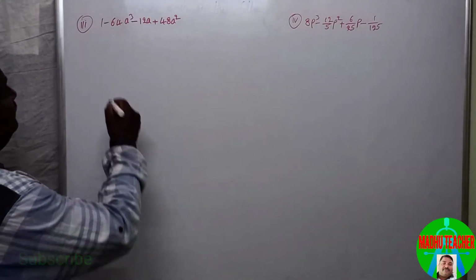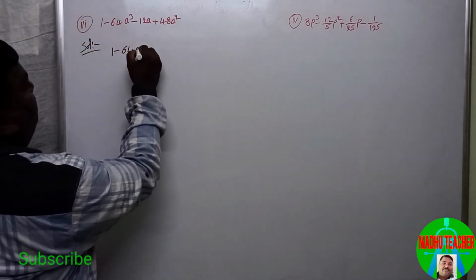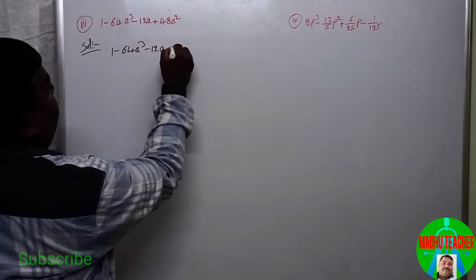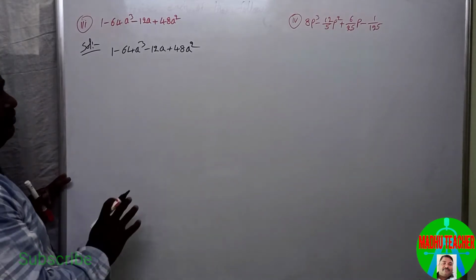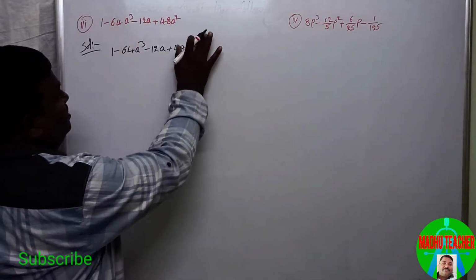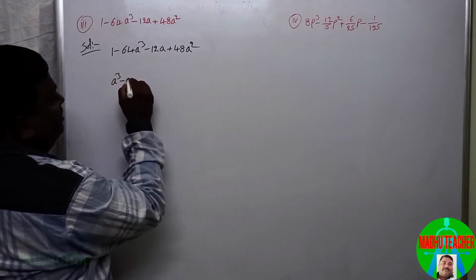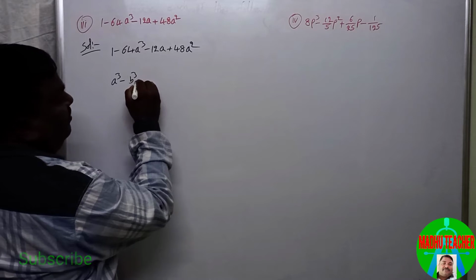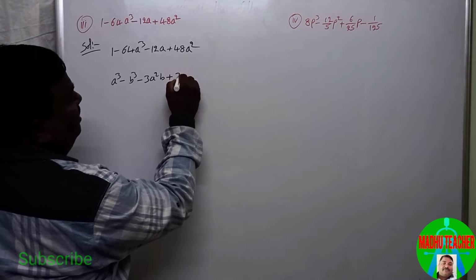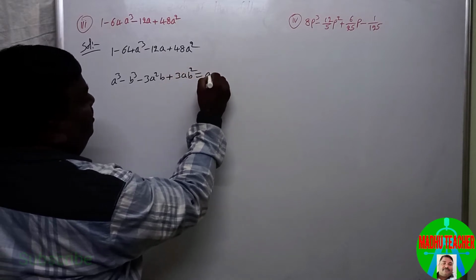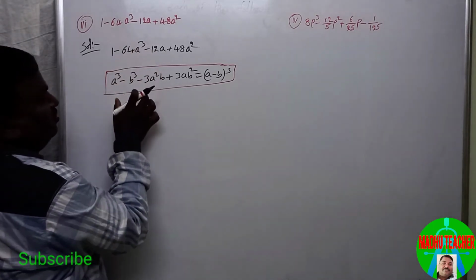Okay, third one is, what is given? 1 minus 64a cube minus 12a plus 48a square. So now, by observing this, it is in the form of a cube minus b cube minus 3a square b plus 3ab square, that equals (a minus b) whole cube. First of all, you have to change this into formula form.